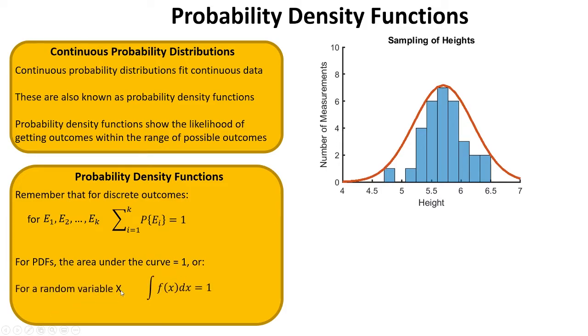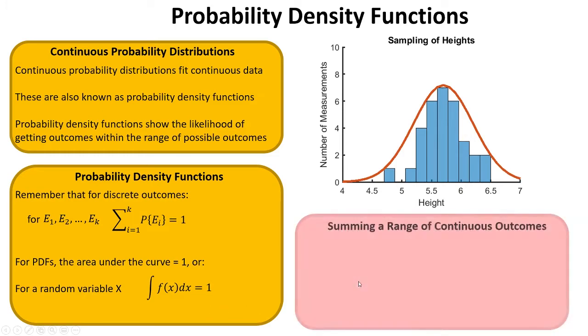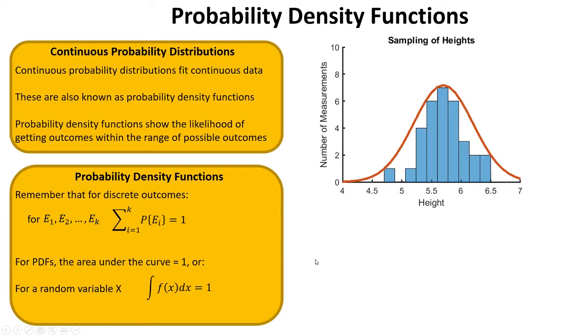Or for a random variable x, a function of that variable, if you take the integral across the entire function, which would be all of the area under the curve, it will equal 1. I don't know if you've had integrals in some of your other math classes. If you do, hopefully that helps you understand this better. If not, don't worry about it. Just know that for a probability density function, all of the area under the curve has to equal 1.